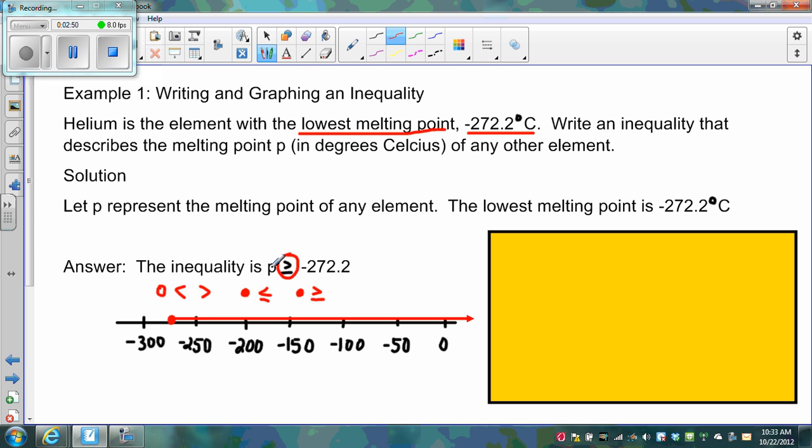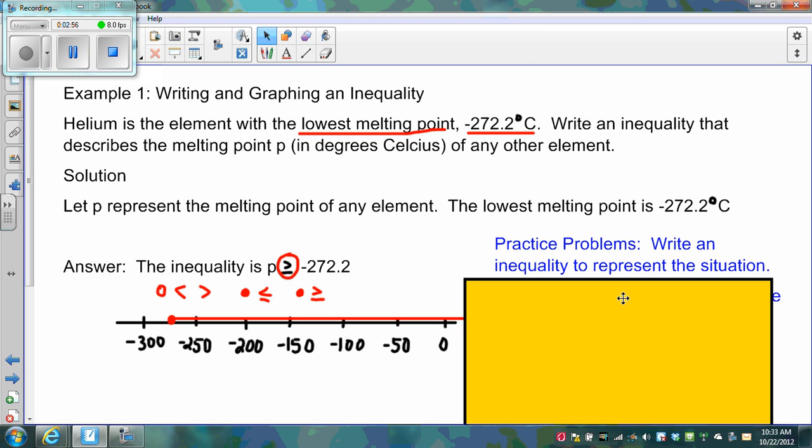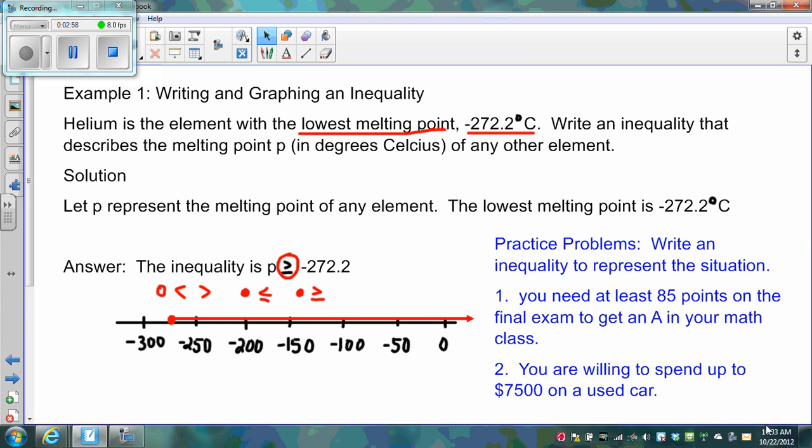And P is greater than, so that's why it's going to the right. I want you to practice the following problems and see if you can come up with both an inequality using one of these signs, as well as creating a number line.